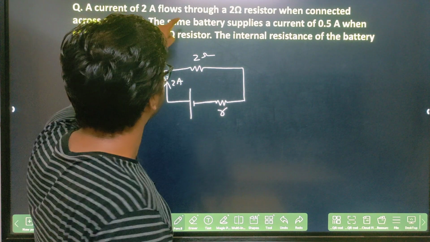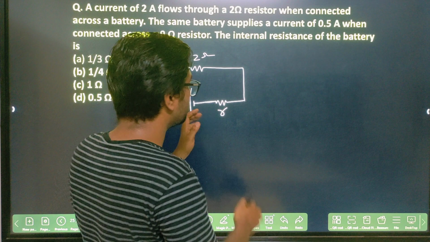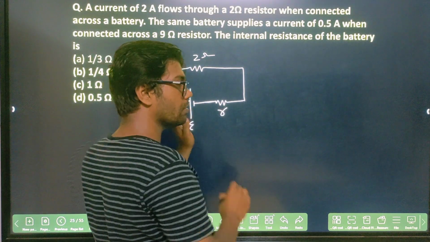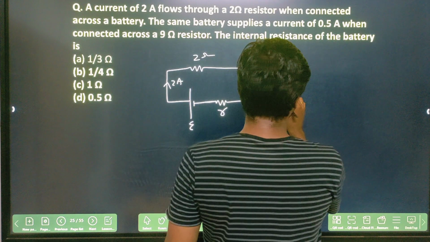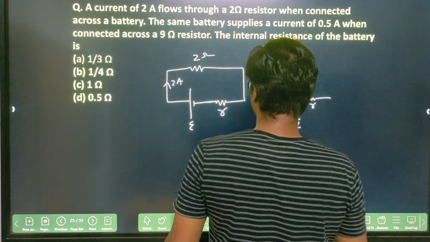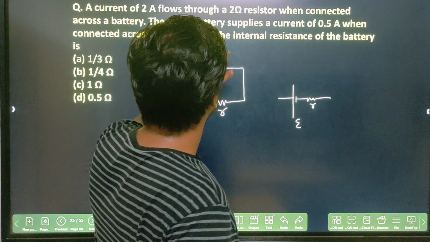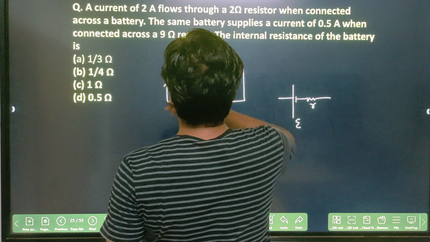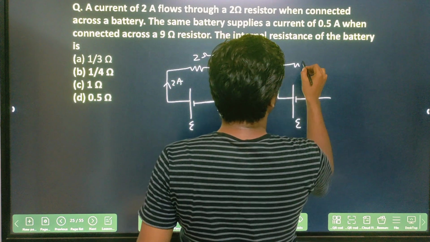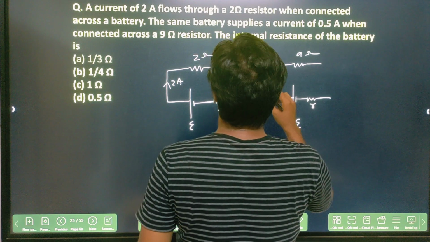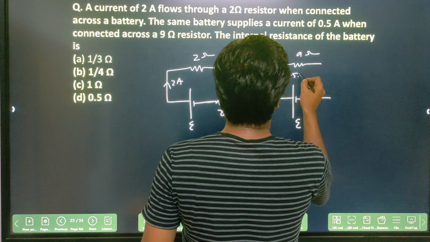The same battery means the internal resistance is not going to change, and the EMF also is not going to change, right? Now it is a 9 ohm resistor, and it provides 0.5 ampere current.